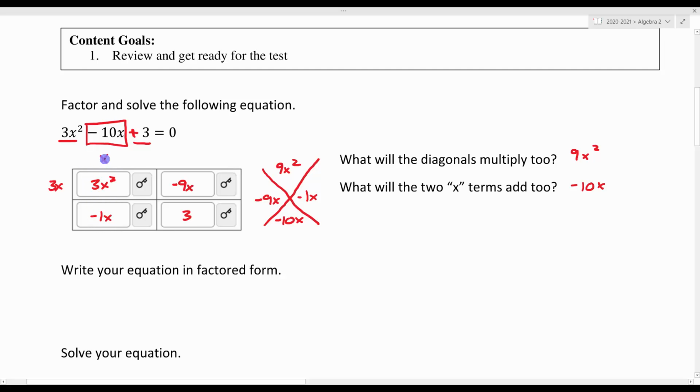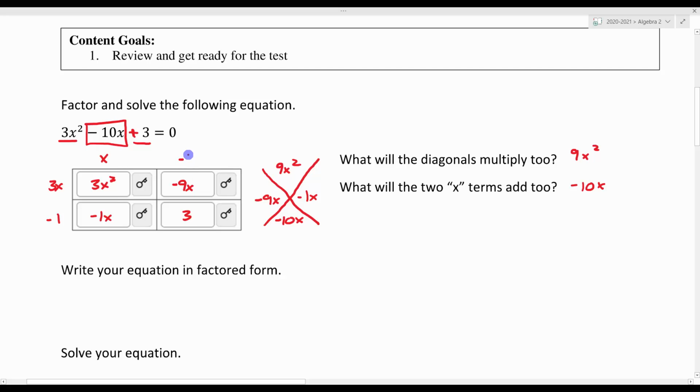Now we're looking at x times something. There's some number that needs to go here, and when I multiply x by whatever number this is, I'm going to get negative 1x. Well, that has to be a negative 1. x times negative 1 is negative 1x. And then same thing over here, I'm going to take 3x and multiply by some number, and I'm going to get negative 9x.